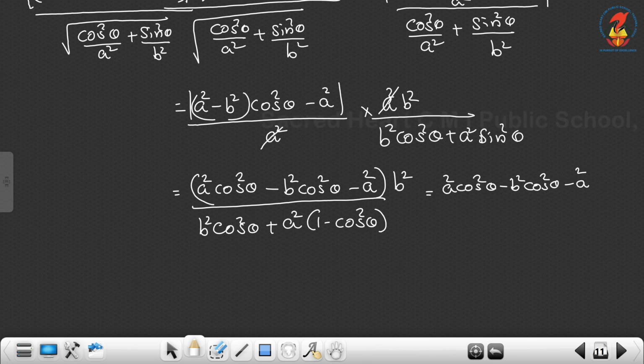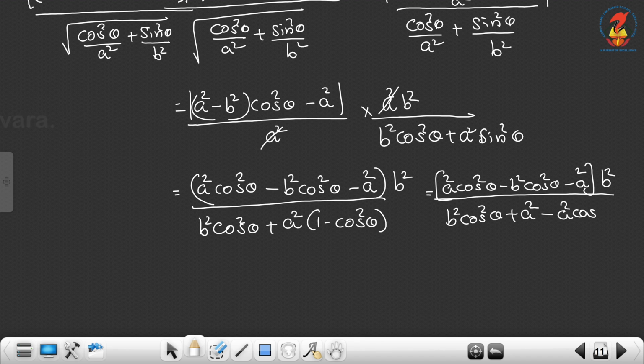Or the numerator we can convert to sin square, that's also possible. Okay. Denominator, open it. So b square cos square theta plus a square minus a square cos square theta. In the numerator one negative we can take out. So modulus minus when we take outside, that is a square minus a square cos square theta plus b square cos square theta.